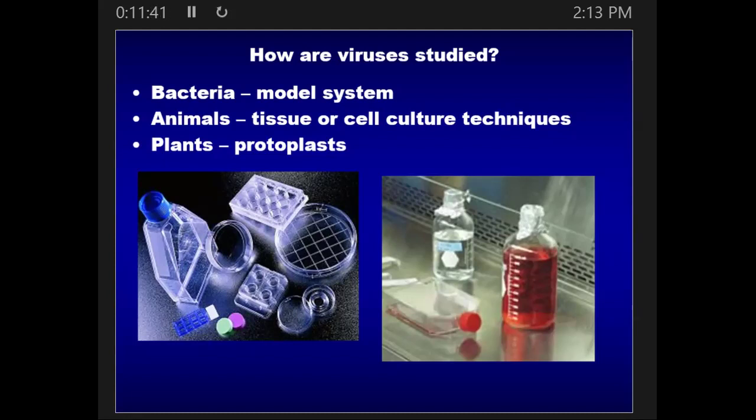So what you have to do is you take the plant cell and you have to very carefully degrade off the cell wall and leave just the cell membrane and the internal contents hopefully nicely intact beneath that. So that's called a protoplast. So if you hear anyone say the word protoplast, they're talking about plant cells that have the cell wall stripped off of it. And so that's a little extra technique that you have to do.